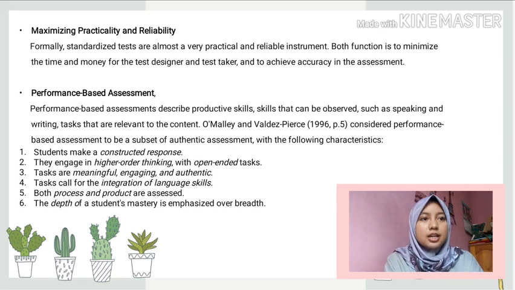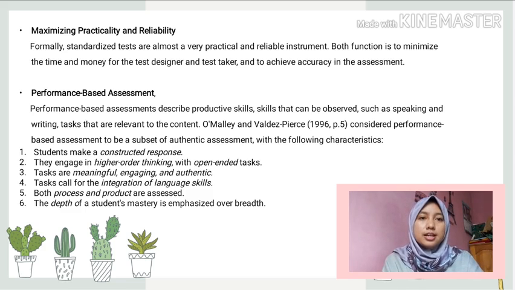Second, they engage in higher order thinking with open-ended tests. Third, tests are meaningful, engaging, and authentic.